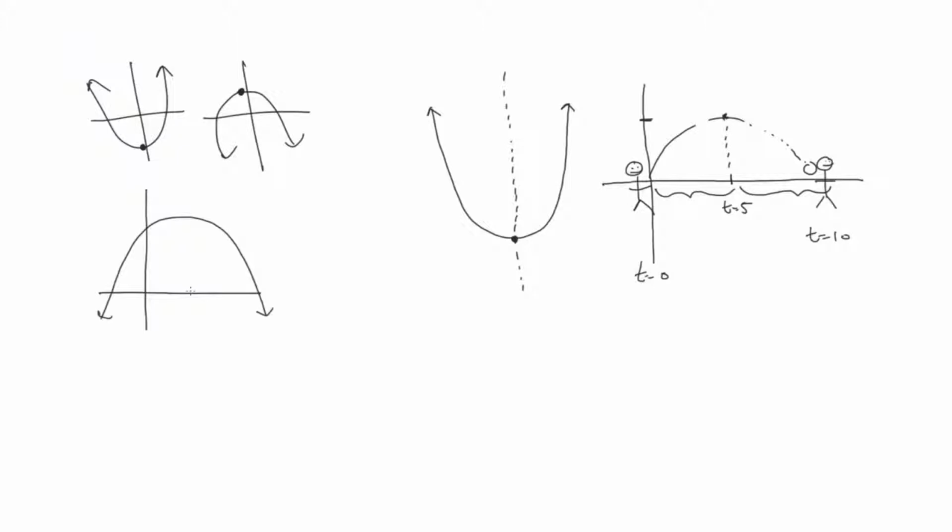Another question might be something like this. They'll give you a picture like this, and they'll say that the maximum of this is at h(2), where this is the h(x) function. Well, if they say that the maximum is at h(2), that means that this x value is 2.